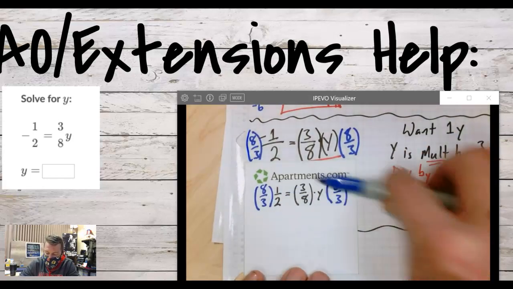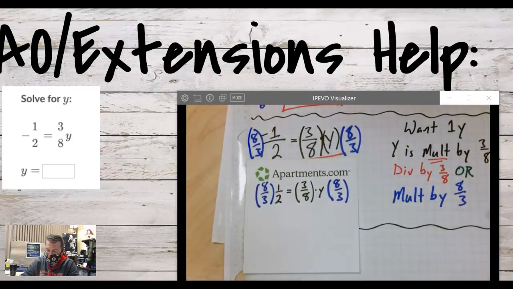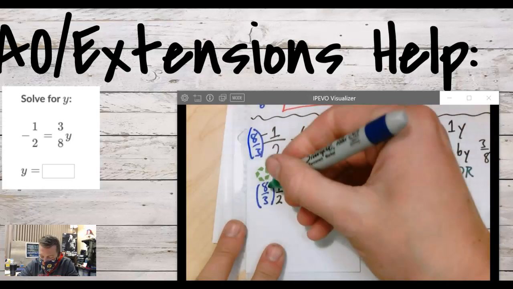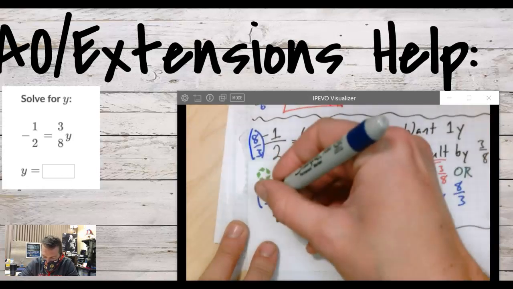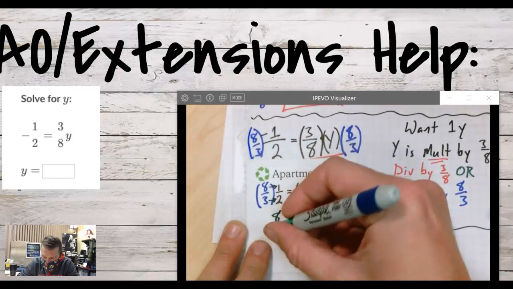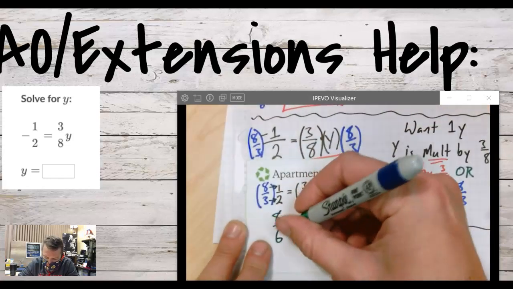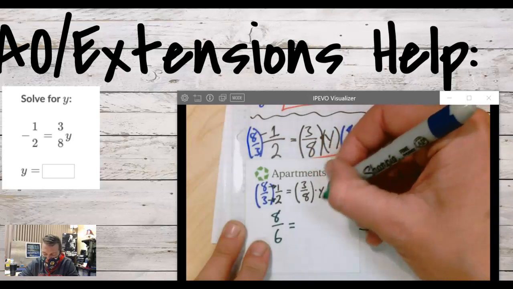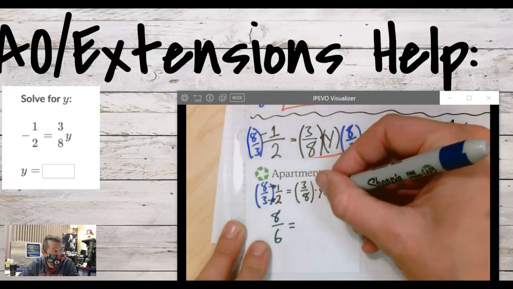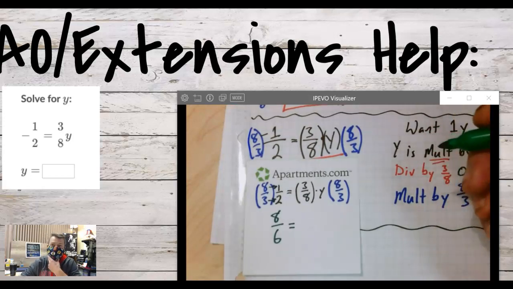So what happens here, I'm going to write our in-between step in green. 8 times 1, okay, 8. 3 times 2, okay, 6, equals 3. Okay, so if I want to make all of these fractions, how do I make y into a fraction? What should I put it over?